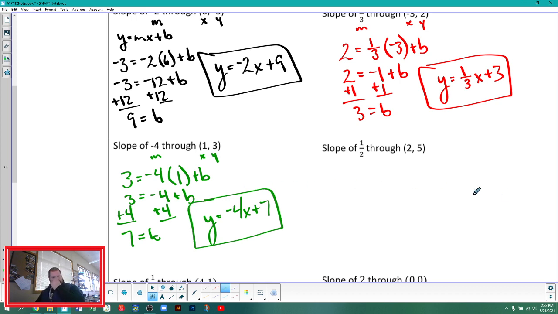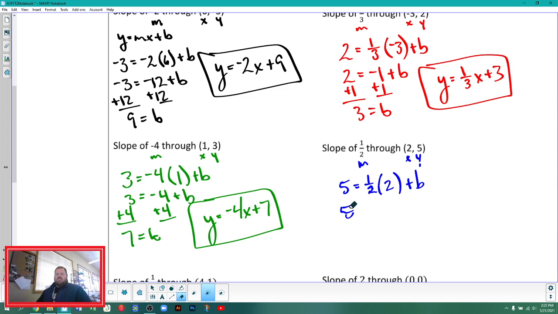Okay. On the next one here, I've got a slope of 1/2, an x value at 2, and a y value at 5. So y is equal to m times x plus b. 1/2 times 2 is going to give me 1.